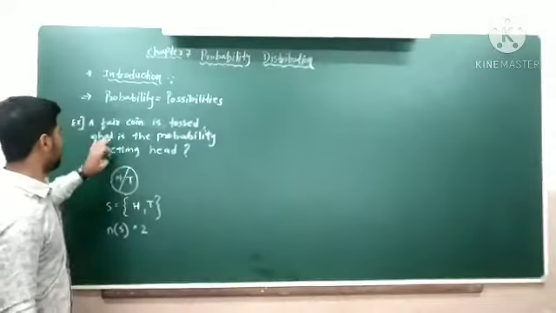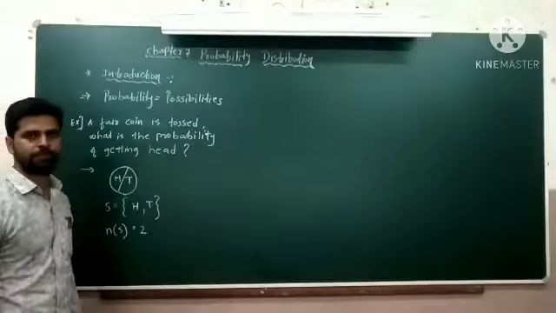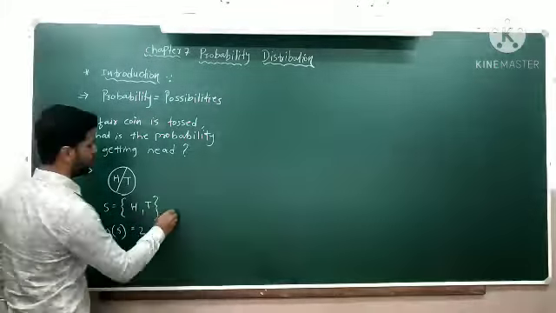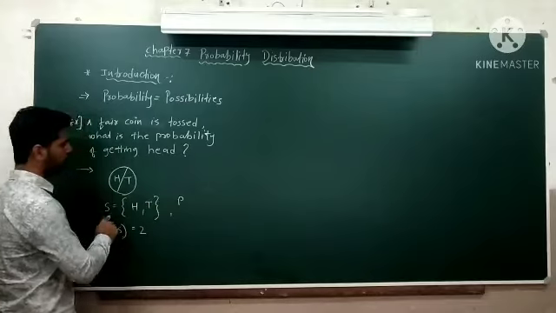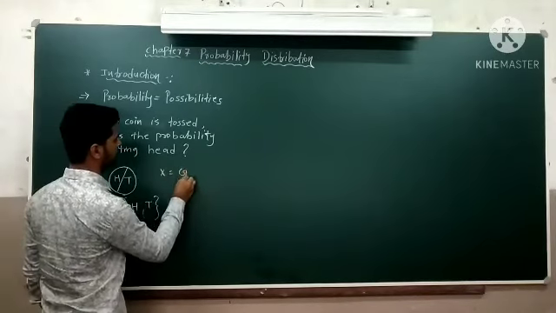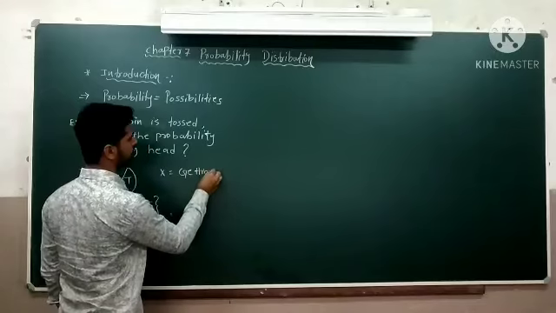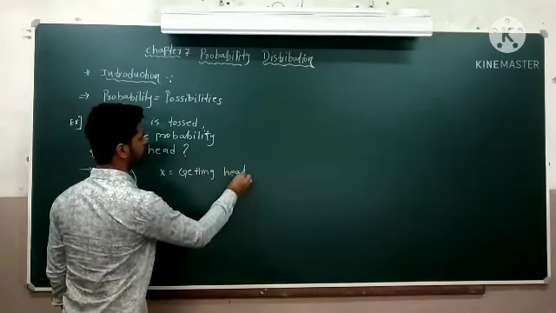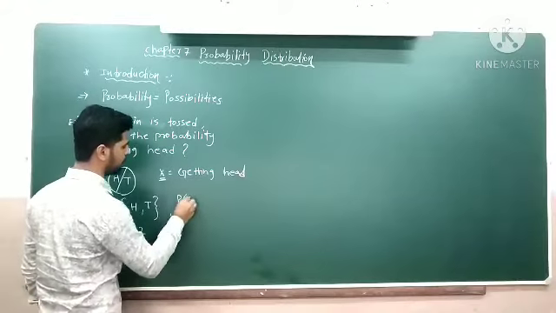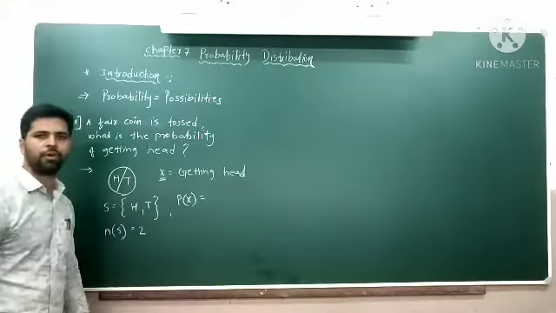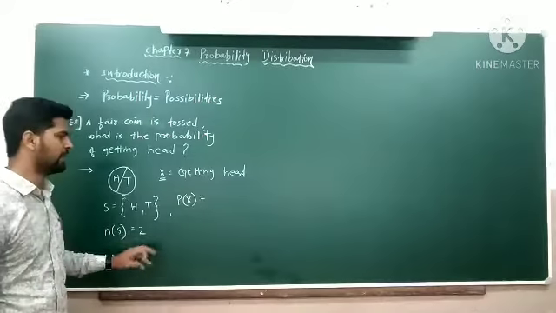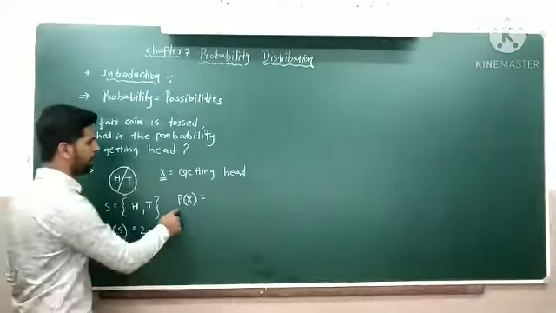Now they ask, what is the probability of getting head? We want the probability of getting head, so suppose that event is X. I will write P of X, and this n of S, these two pieces of information I have. P of X I have to find.